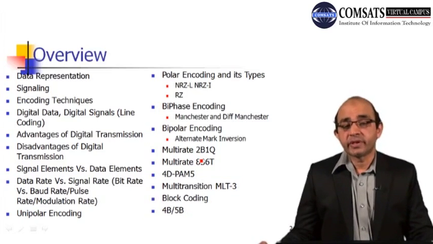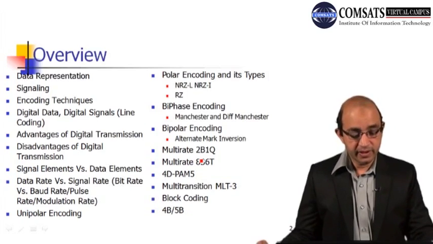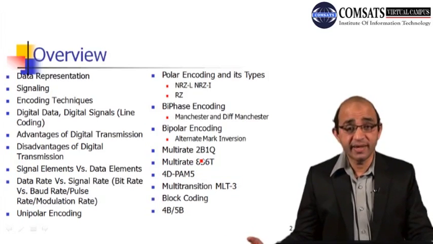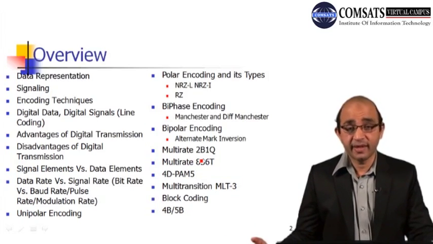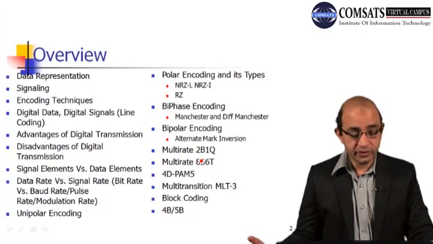And of course there are certain advantages of digital data and digital transmission, for example because the data is native for VLSI and other circuitry. So it has its advantages as well as disadvantages if we are going to use digital data and digital signaling.